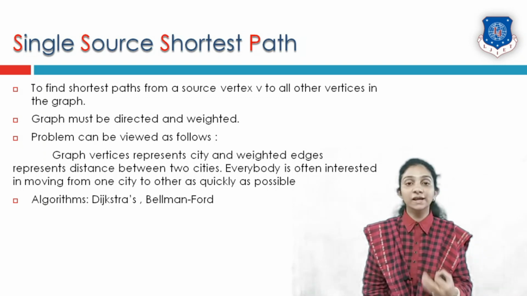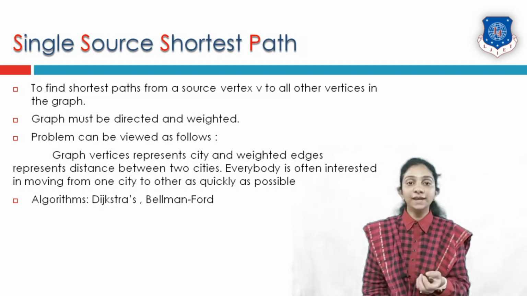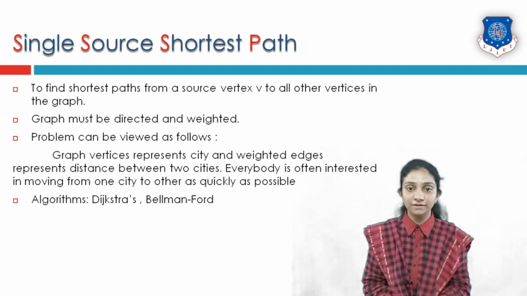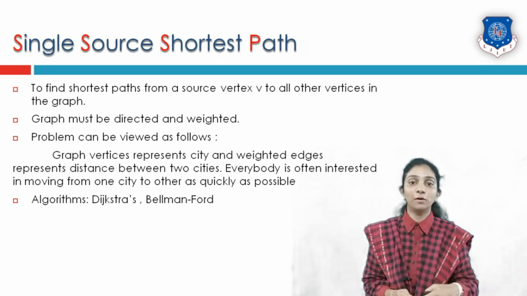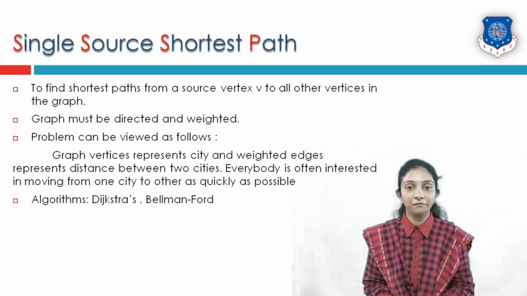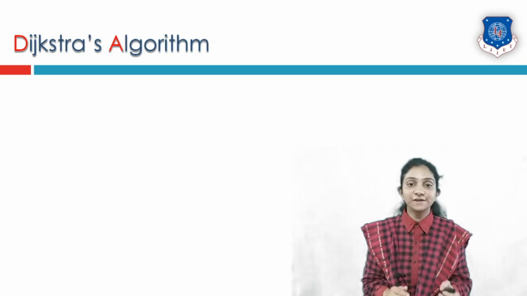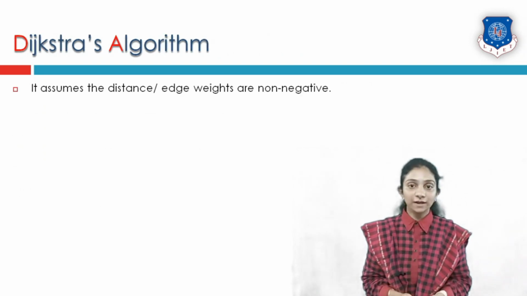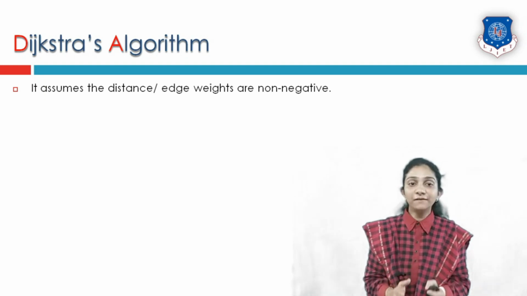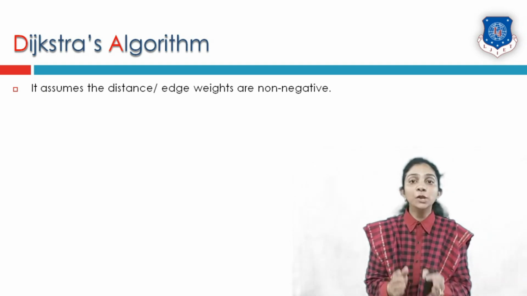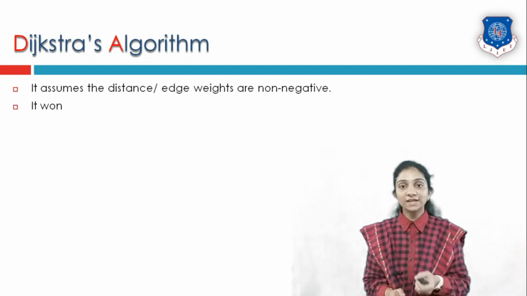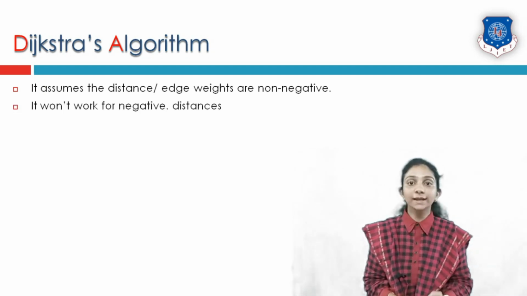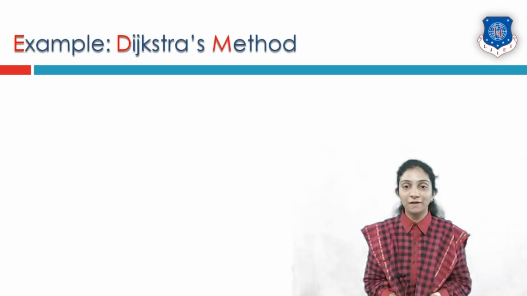Dijkstra's algorithm doesn't handle negative cycles in the given graph, while Bellman-Ford will work for graphs with negative cycles. Dijkstra's algorithm will work only when the graph contains non-negative edge weights. That means an edge weight cannot be negative; it has to be 0 or any positive value.